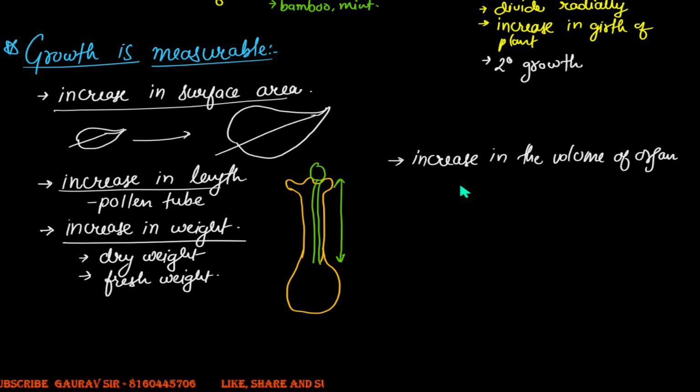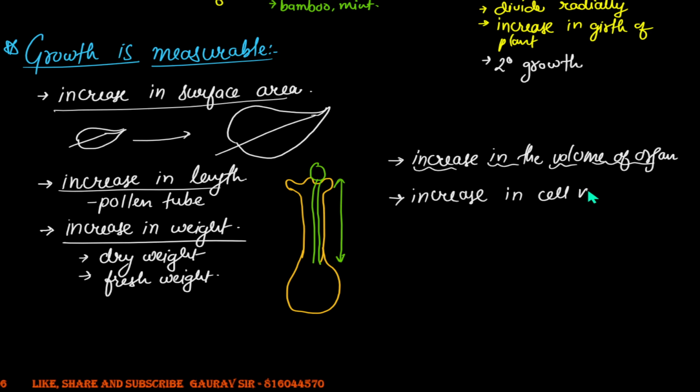Now, these are certain measures or features of plant growth that could be considered while taking growth into consideration. There is an increase in cell number.